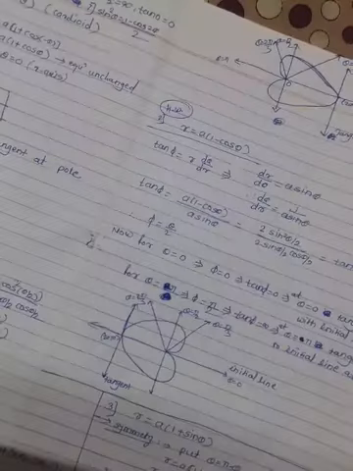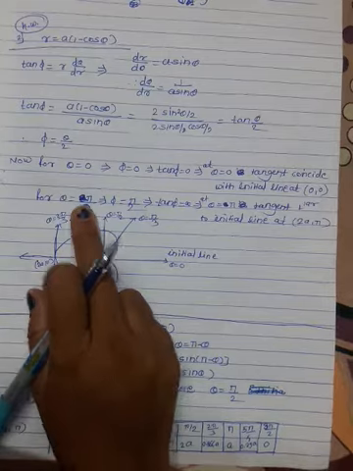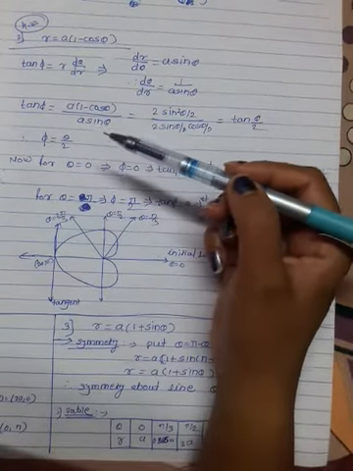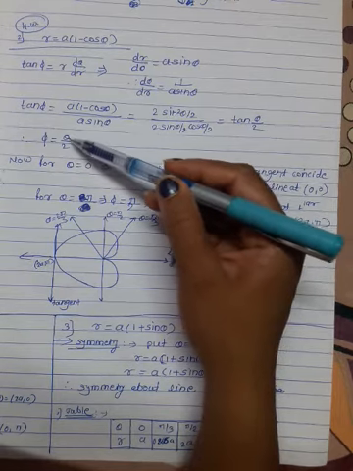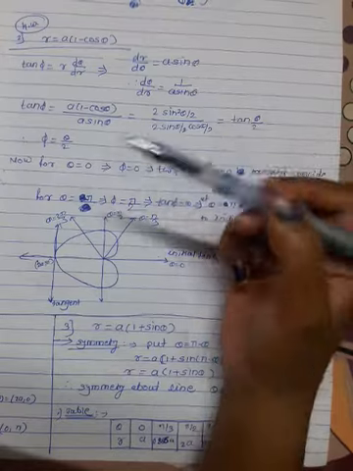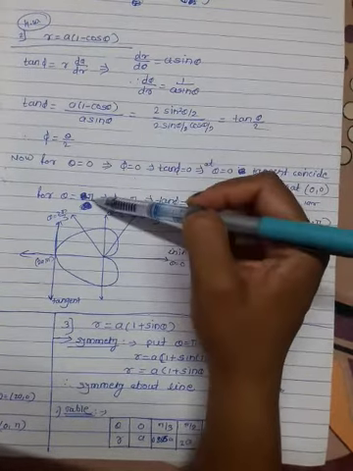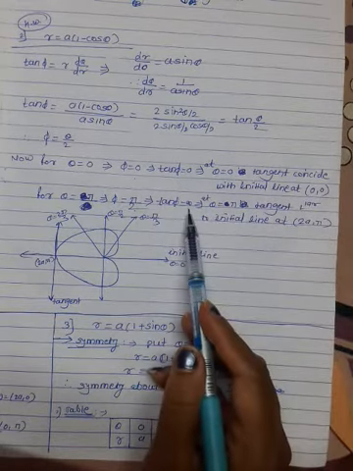Similarly here also, in the same way, for theta is equal to 0 we get phi is equal to 0, and for theta equal to pi, phi becomes pi by 2, tan phi becomes infinity.